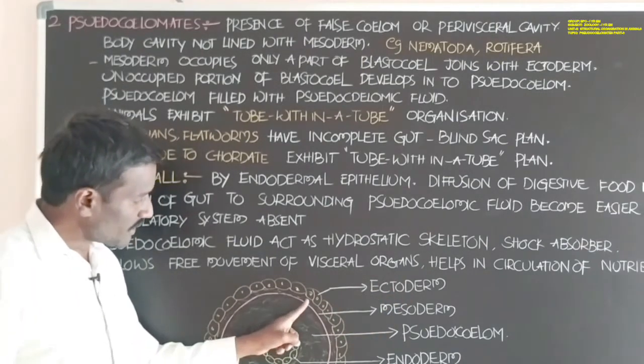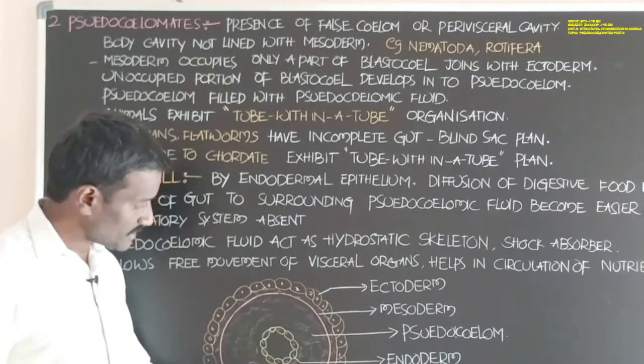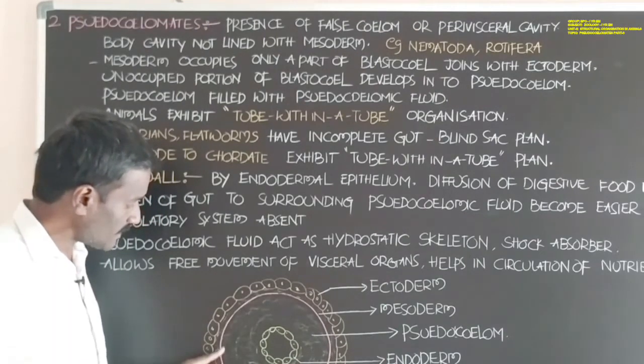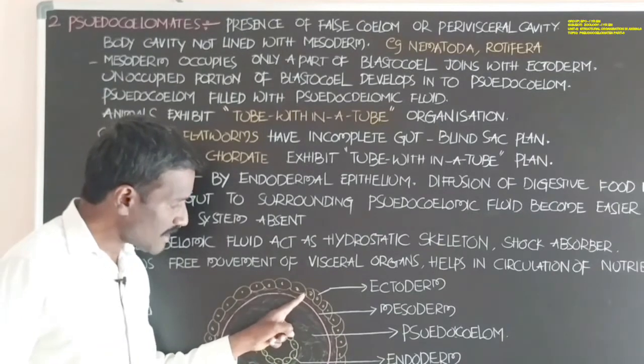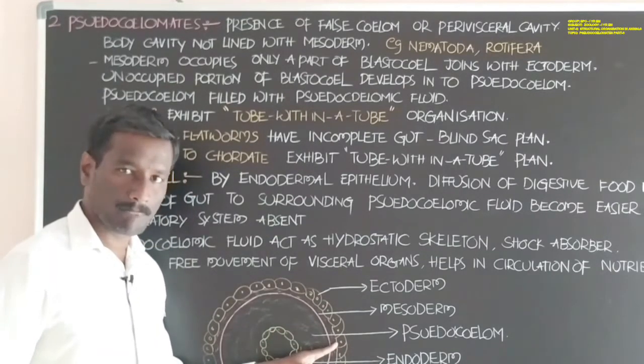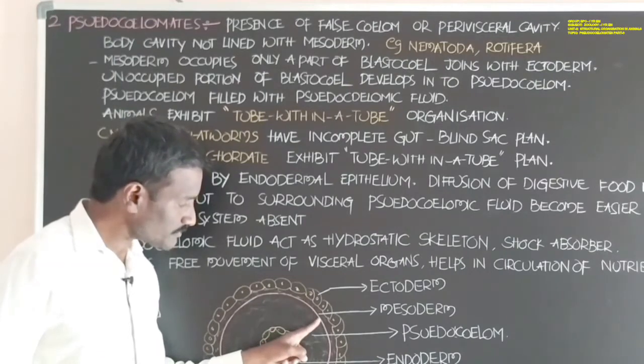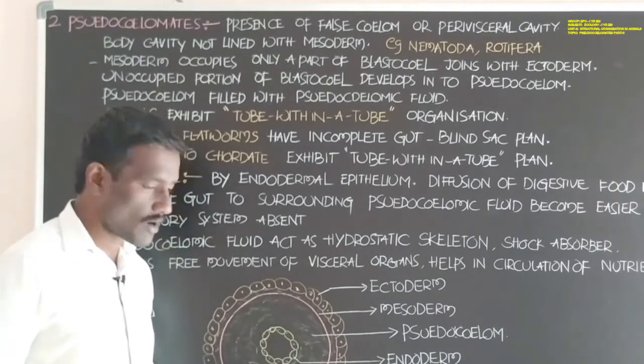Next is the mesoderm. This line indicates the mesoderm, which is attached to and adjacent to the ectoderm.